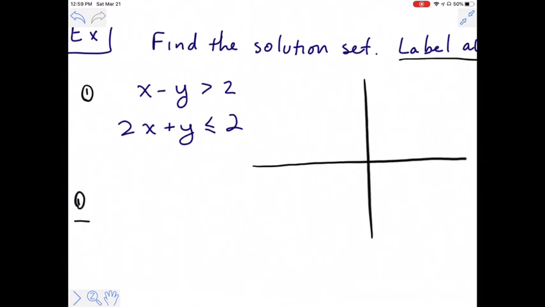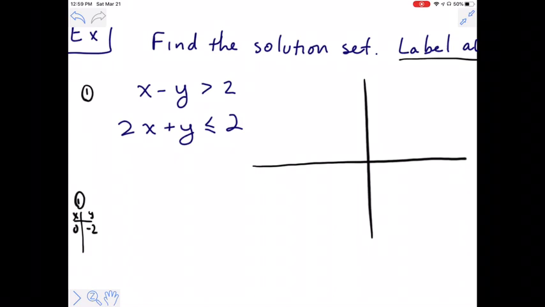So I want to make a list of points for graph 1. If I set x equal to 0, that's going to give me -y. And just to find points on a graph, I'm not going to use an inequality, I'm going to use an equation. So -y equals 2. Divide both sides by -1, and you get y equals -2.